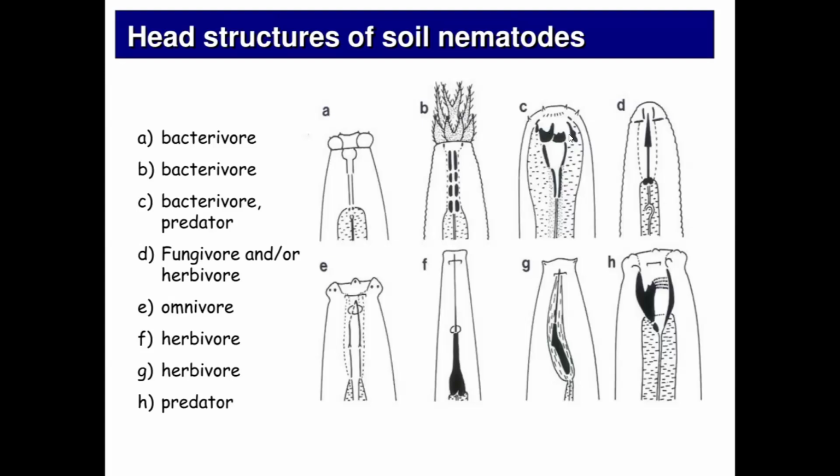Some nematodes have teeth. They don't have stylets. Stylet is, look at D. Stylet is this one right here that looks like an arrow, sharp. Some nematodes don't have this. Some nematodes don't even have any structure inside, like A. Look at A. A doesn't have anything, just a normal opening. So A can take in bacteria, swallow bacterial cells, and digest them.